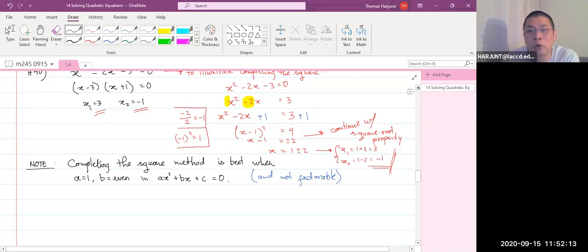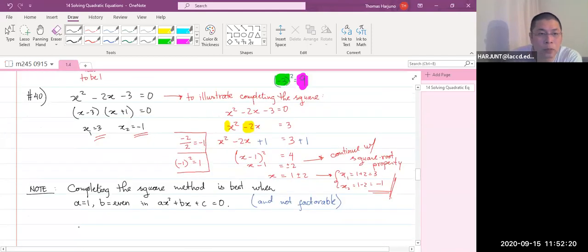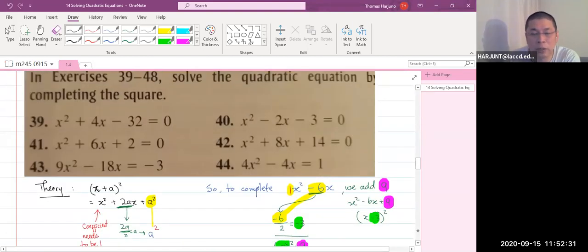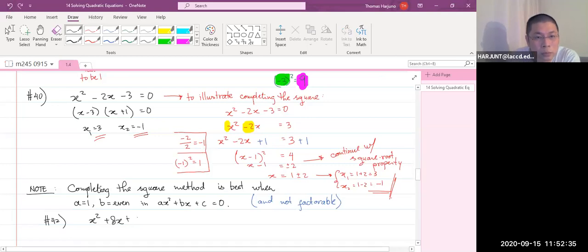Okay, let's do an example from here. Number 42, we have x squared plus 8x plus 14 equals 0.